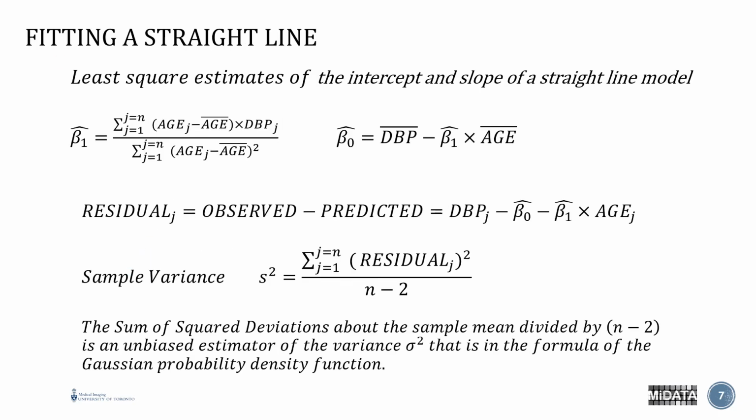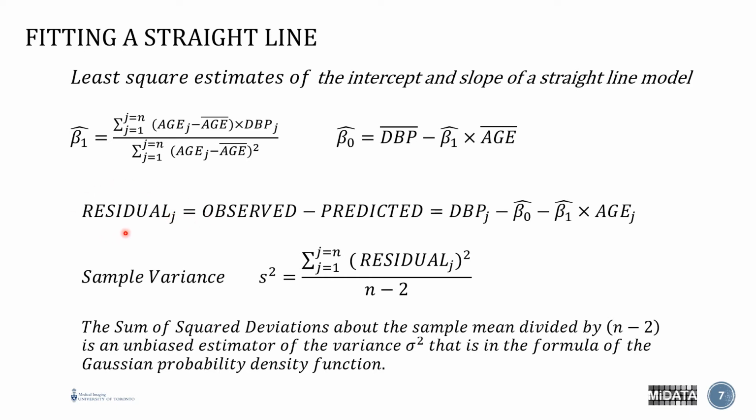All right, in this straight line model, we now have two parameters that we're dealing with, beta naught and beta 1. It turns out that beta naught, which I've already told you, is the intercept, and beta 1 is the slope. And you can see here, I'm just giving you the equations for the least squares estimates of the intercept and the slope of your straight line. Now, what's important to observe is that the residual, and you remember we called the residual the error when working with a sample, right?